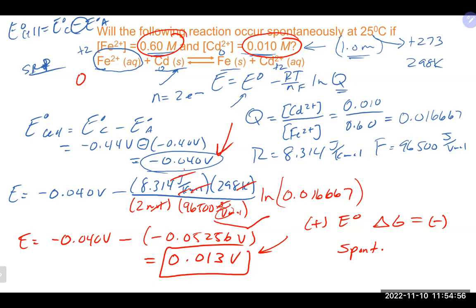That basically means that the temperature is 25 degrees Celsius. If there's anything to do with solutions, the molarity should be 1 molar. And if it's anything to do with gases, the pressure should be 1 atmosphere. So if any of those things are not those values, then you're under non-standard conditions. Very similar to the delta G one that we saw, where we had delta G equals delta G naught plus RT natural log of.